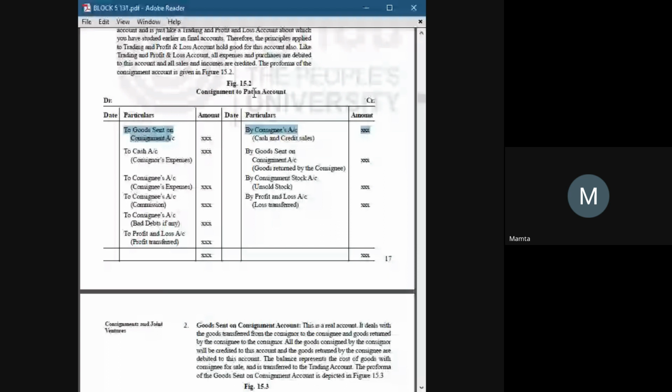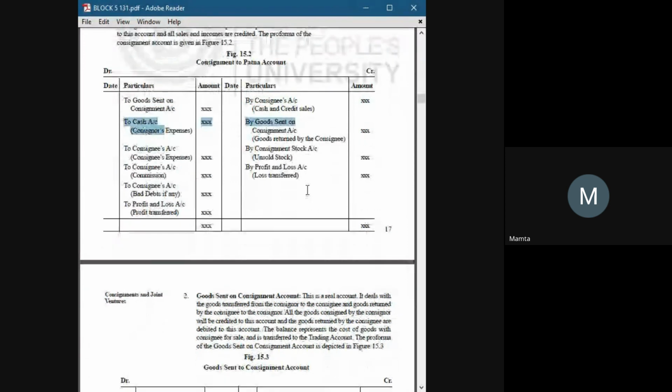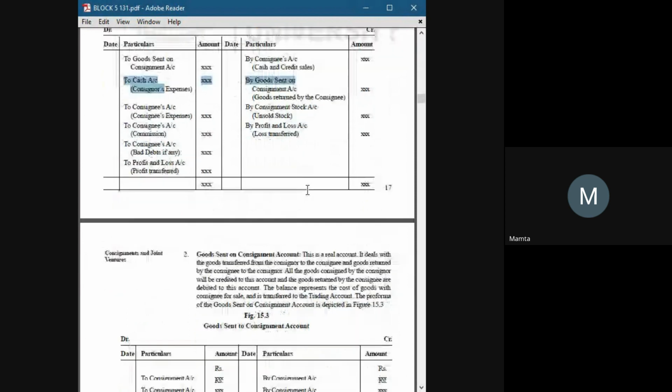The second entry is, if we are bearing any expense, consignment account debit to cash account, and so on. It's just a ledger posting of the journal we just read.